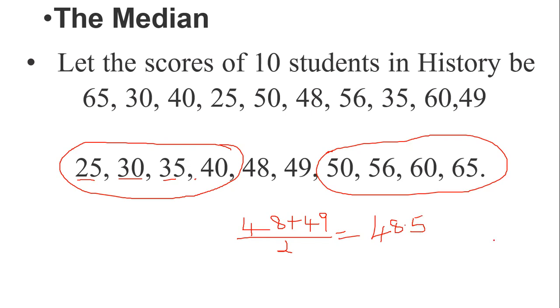You have distributed this data into 2, and you are able to get your median from the 2 numbers that are remaining. If you had 9 numbers, you would divide them into 2 equal parts and remain with only one number in the middle, then you pick that number. But if you have 2 numbers, like in my case here, you add those numbers and divide them, and then you get your median.